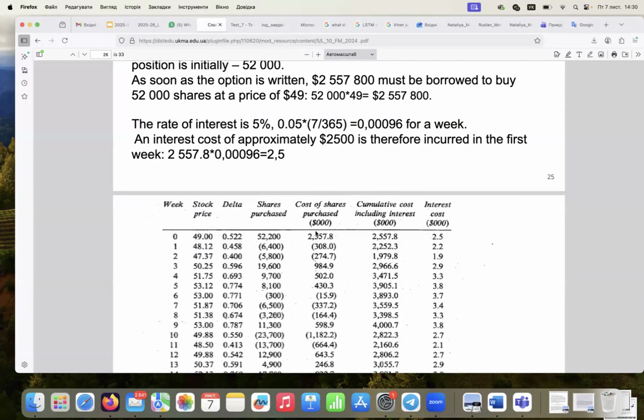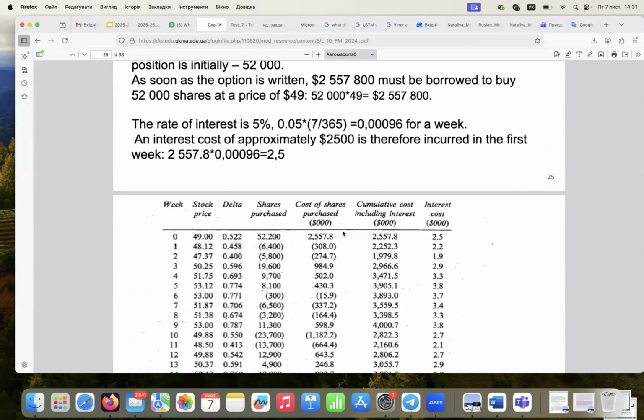Okay. And we suppose that we don't have our own money, so this money we need to borrow. Why? Because we would like to compute the net profit, our net profit. Is it clear? Okay.